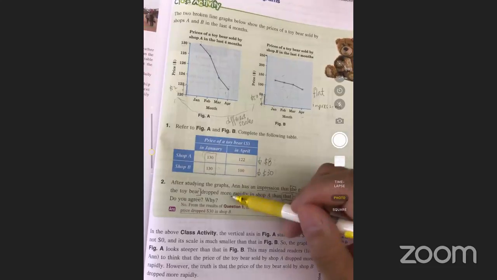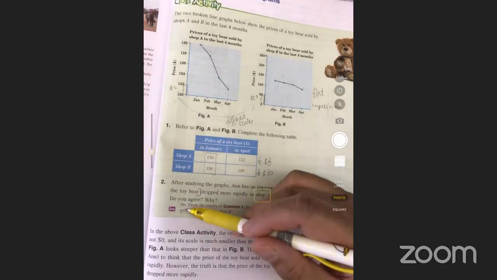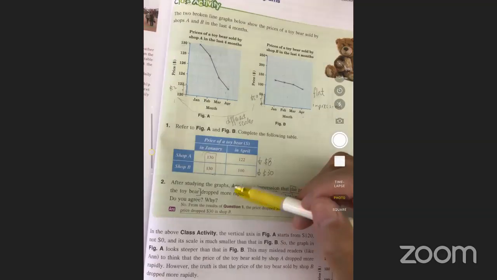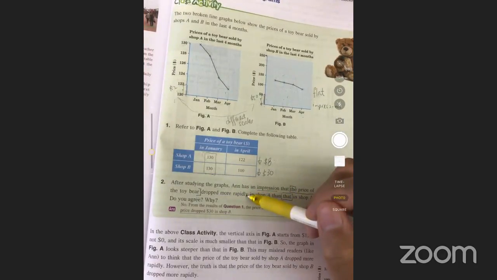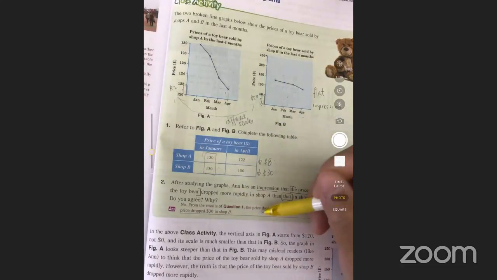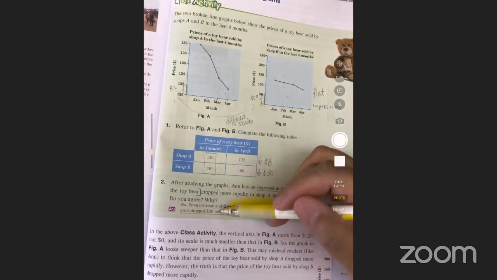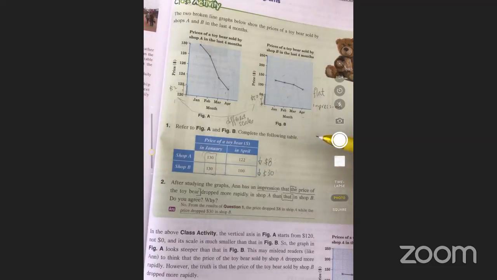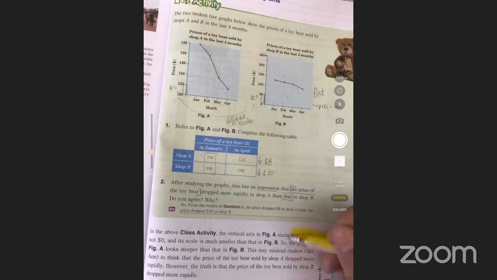Therefore, it is no. Okay, the price drop in shop A is not more rapid, and then you just explain in this way because the price dropped $8 in shop A while the price dropped $30 in shop B. And therefore, in this case, if you look at this part, this is the explanation, okay?